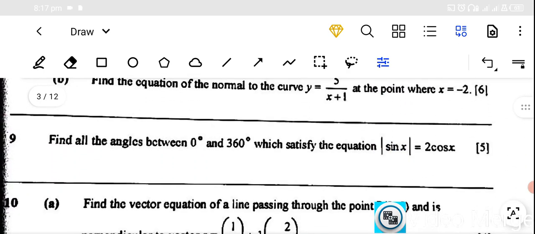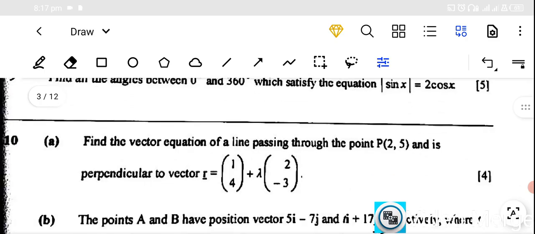Find all angles between 0 degrees and 360 degrees which satisfy the equation modulus of sine x is equal to 2 cos x. So between 0 and 360 degrees, this is 5 marks. This is question 9.